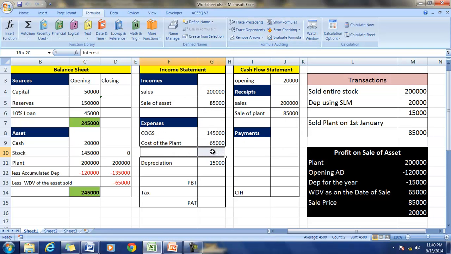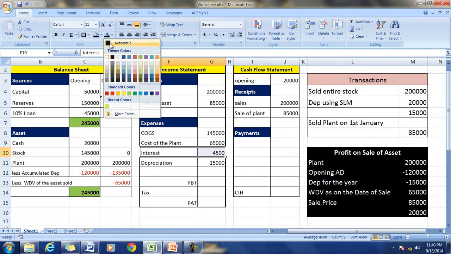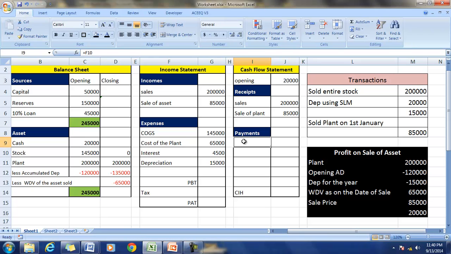Then there is interest on the loan. Interest on the loan is 4,500, and we assume that the interest is paid during the period. We assume that the tax will also be paid.